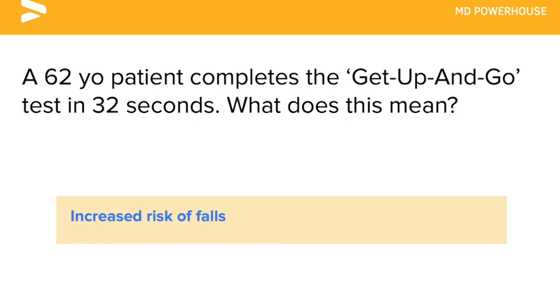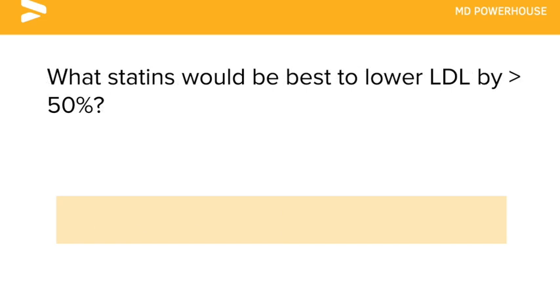What statins would be best to lower LDL by more than 50%? 40 to 80 milligrams of atorvastatin or 20 to 40 milligrams of rosuvastatin. So knowing high, medium, and low intensity statins is another high-yield concept.